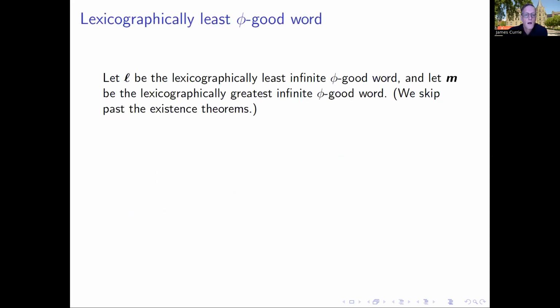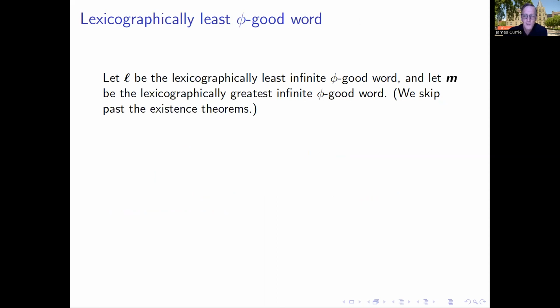So let's look at the lexicographically least phi good word. I will let L be the lexicographically least infinite phi good word. I will let M be the lexicographically greatest infinite phi good word. Now, it's not immediately obvious that there is a lexicographically least phi good word.